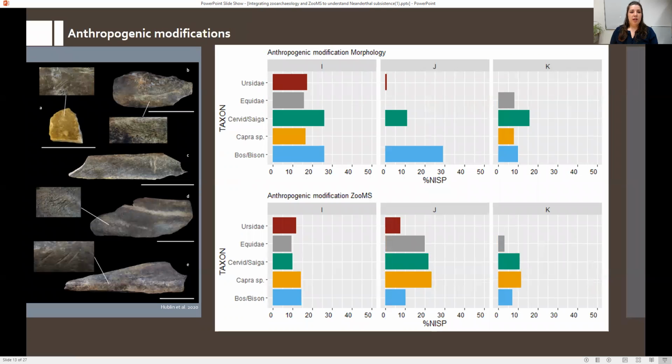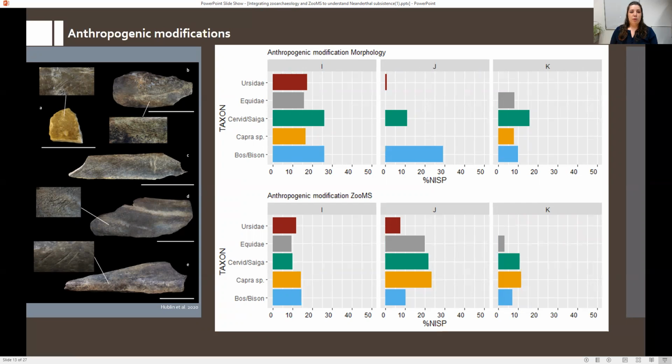We have here a selection of bone specimens with anthropogenic surface modification that were radiocarbon dated and recently published, as you can see on the left of the slide. When looking at the dominant species, the analysis of bone surface modification shows an accumulation of faunal remains mainly driven by human activities, especially increasing from layer K to I, which shows a higher taxonomic diversity.